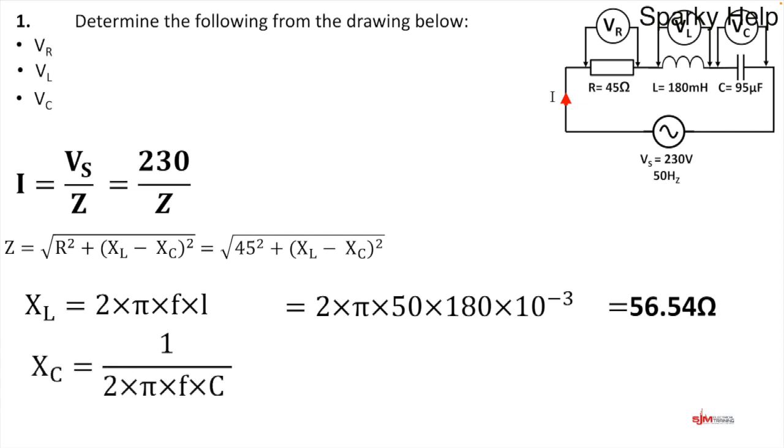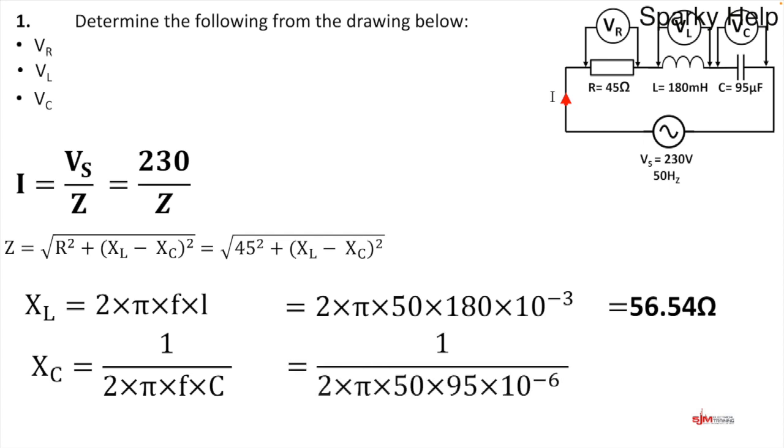Let's do XC. XC is very similar in formula, but this time the capacitive reactance is 1 divided by 2 pi FC. So we can put the figures in that we have. It's 1 divided by 2 times pi times the frequency, which is 50, times 95 times 10 to the minus 6, because it is microfarads.